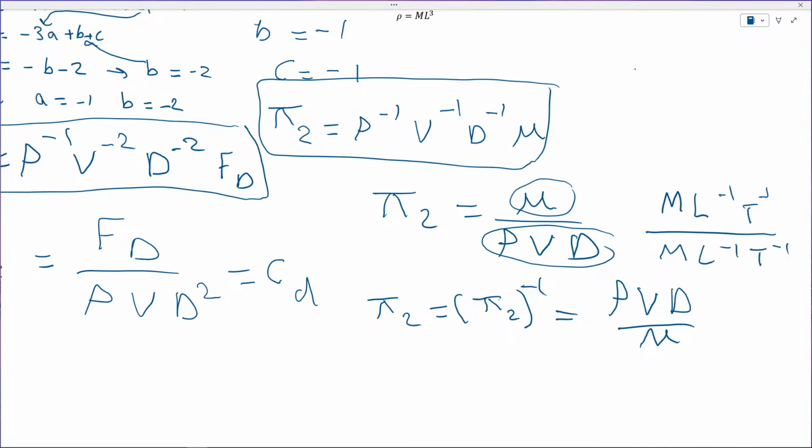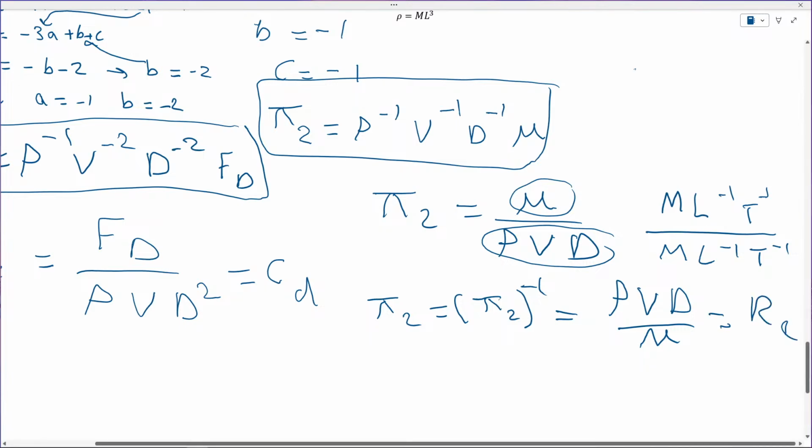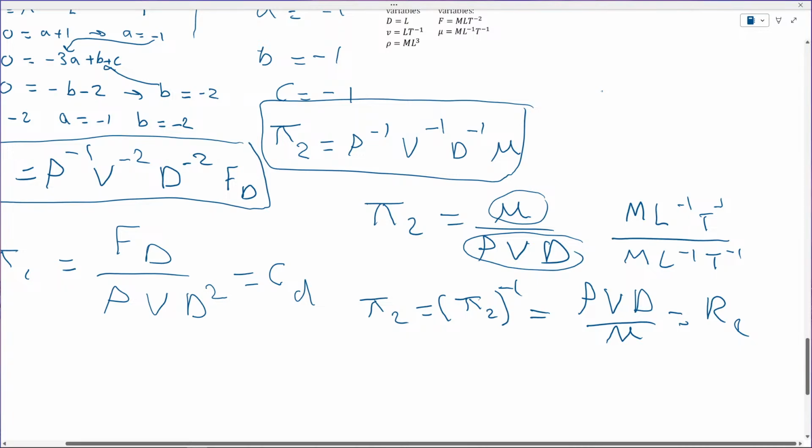So it really doesn't matter, because this is dimensionless, I can flip it up and down. So I express it as we have here, and we know that this is called the Reynolds number. You did Reynolds number in your previous homework, so you should be familiar with this.